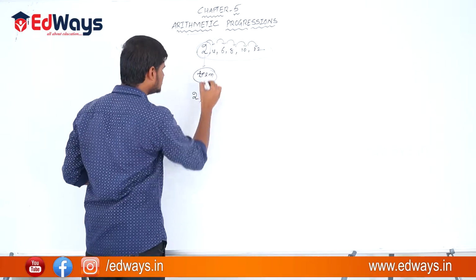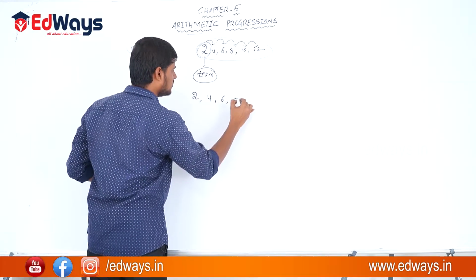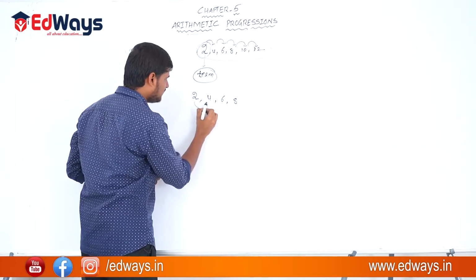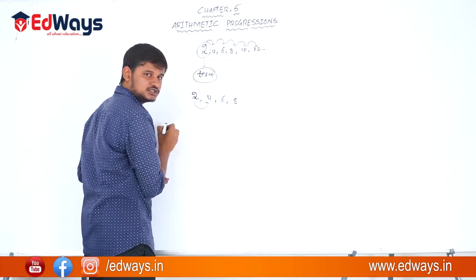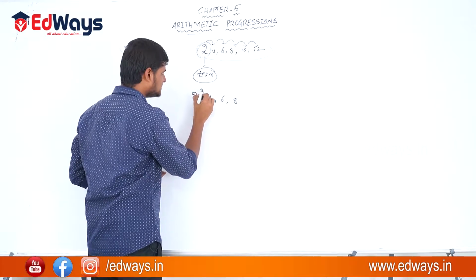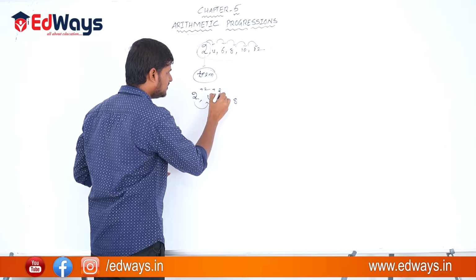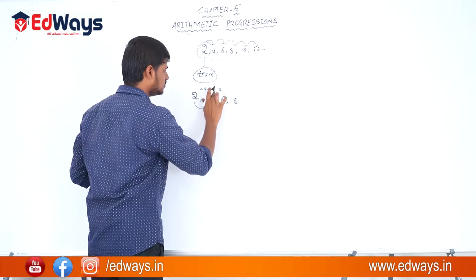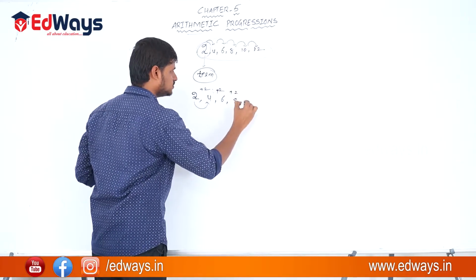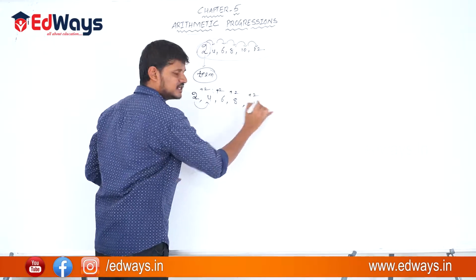The second term is 4, then 6, 8. The first term is 2, the second term is 4, so I added 2 here. Then from the second term to the third term, I added 2 more, and then plus 2, 10 will come.